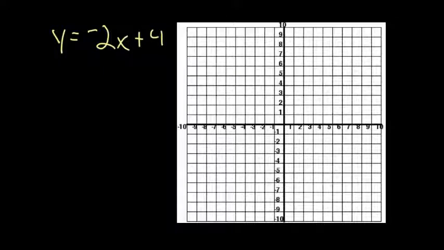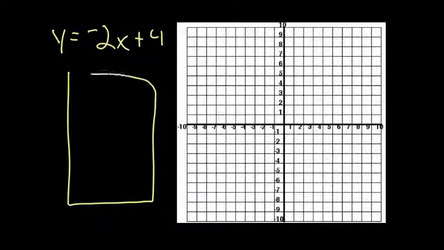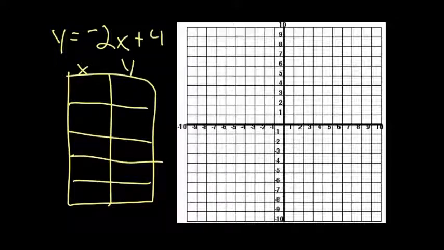Alright, so now we have another equation, y equals -2x plus 4. Let's start with making our table. We have our x and our y. Again, it's just easier to do with -2, -1, 0, 1, and 2. Here I'm going to start with the negatives because a negative times a negative is positive.